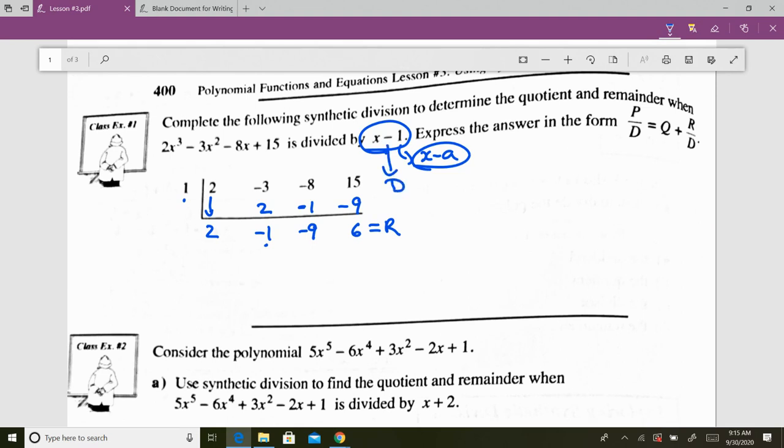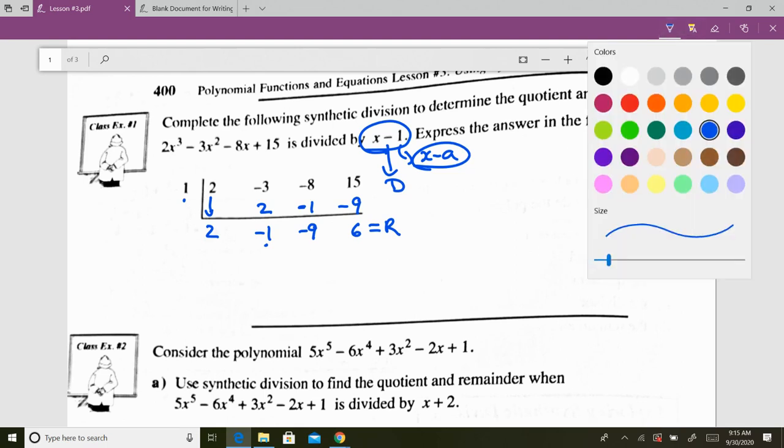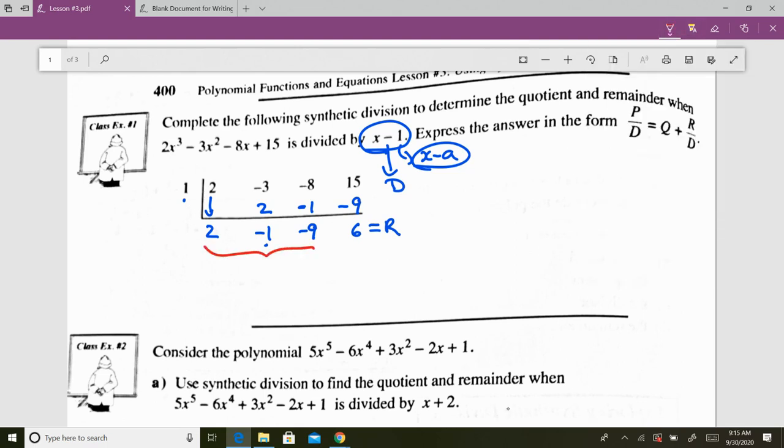So we just have to figure out the quotient. Now, these are the coefficients of the quotient. Okay? We just need to figure out what variables go in front of them. Now let's think about this. We have a cubic function. We're dividing by x to the 1. So if you simply just went x cubed over x1, what would you get? X squared, right? So if you divide a cubic by a linear, you should get a quadratic.